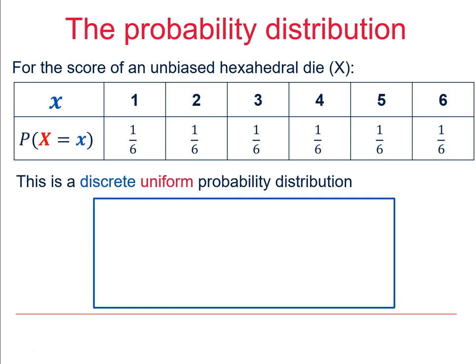So this discrete random variable, that is actually a discrete uniform random variable, can be described with this probability distribution, because for values of x between 1 and 6, the probability is 1 over 6, and the probability of obtaining any other outcome is 0.